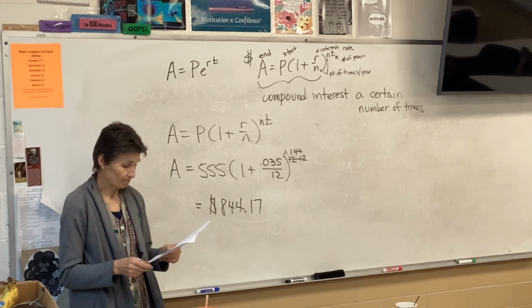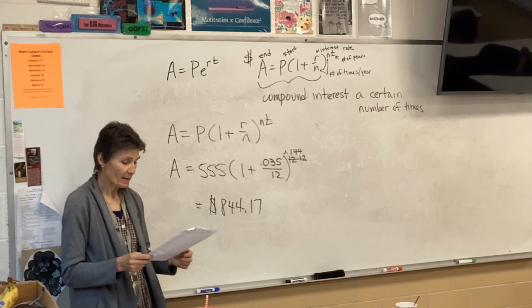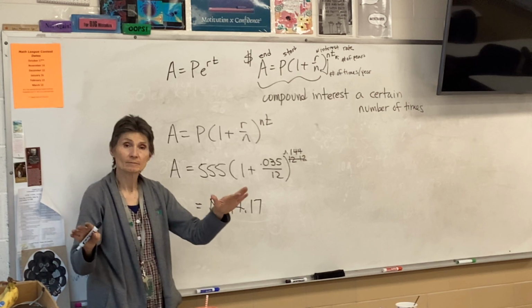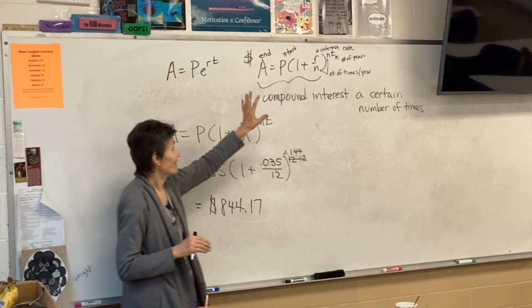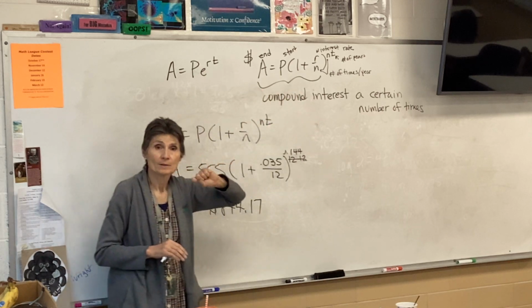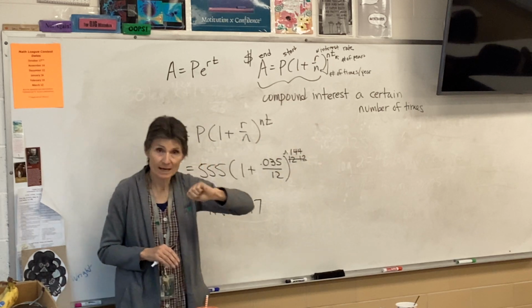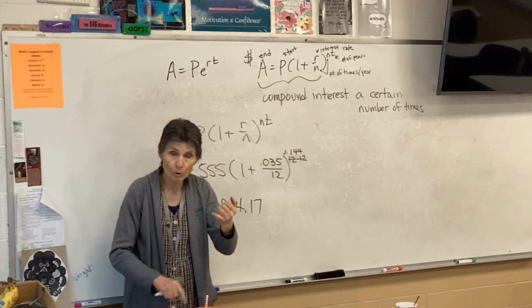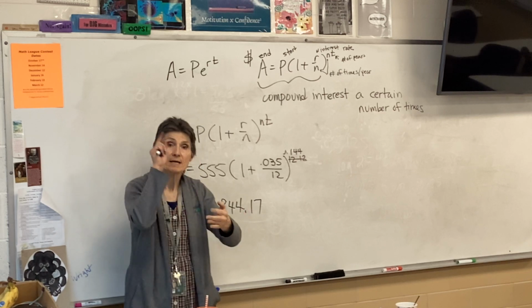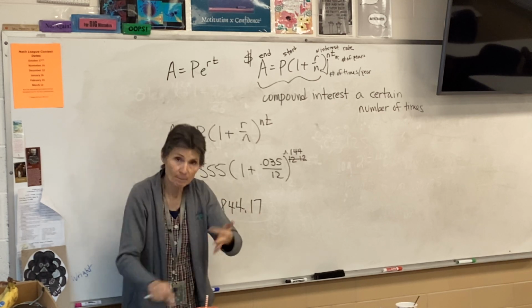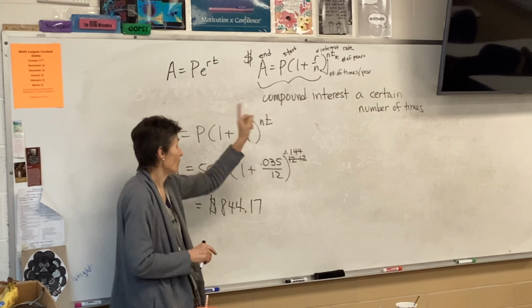And number 8, what interest rate compounded continuously? Stop right there. That is not this formula. This formula is only for problems that say compounded quarterly, compounded monthly, compounded weekly, compounded daily. That's what that formula is for.